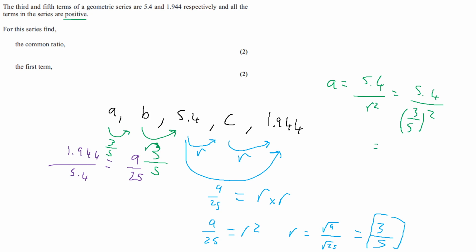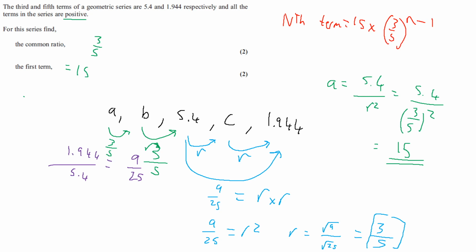It's simply going to be equal to 15. And so therefore the common ratio is 3 over 5 and our first term is equal to 15. And so therefore, the nth term is going to be 15 times 3 over 5 to the power of n minus 1.